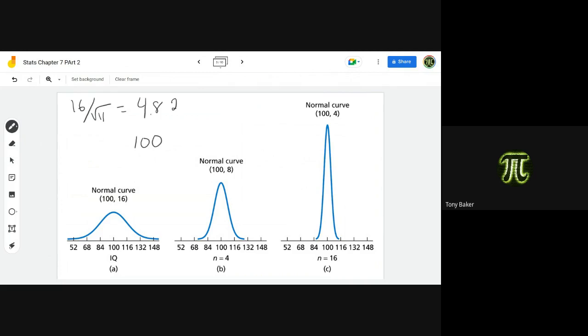So if I was to double that, and subtract it, there'd be a 95% chance that the average IQ in this room is between 90 and 109.